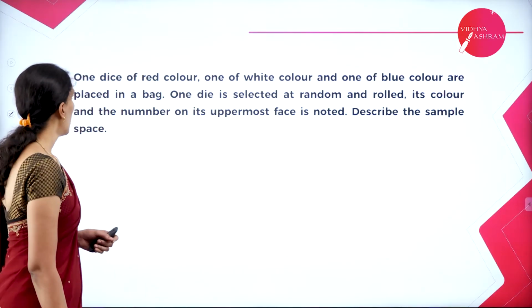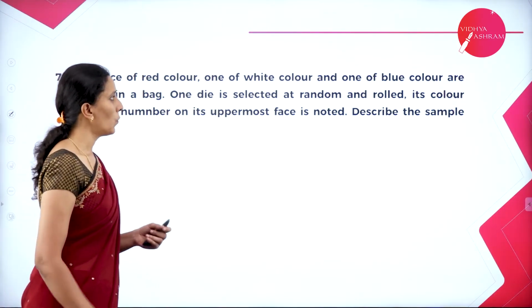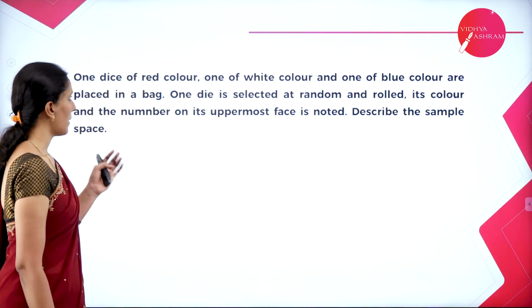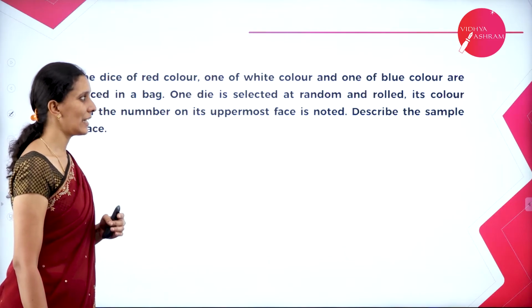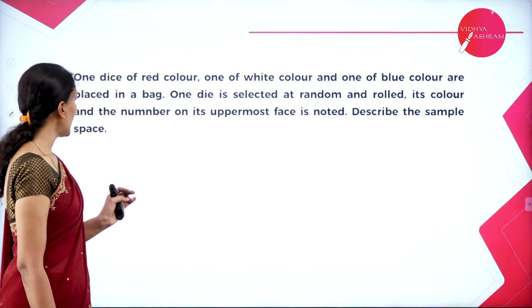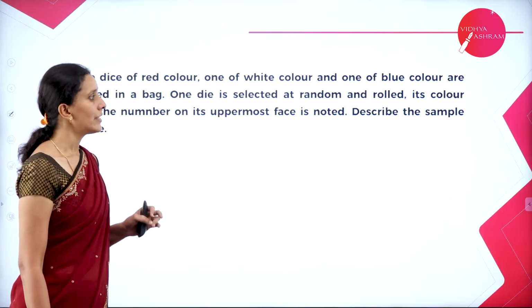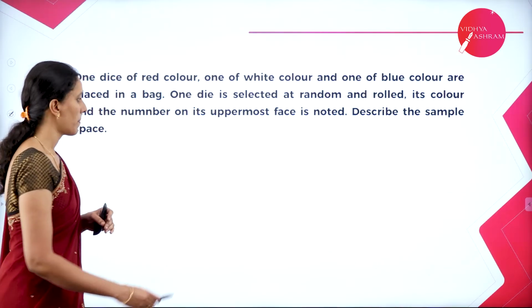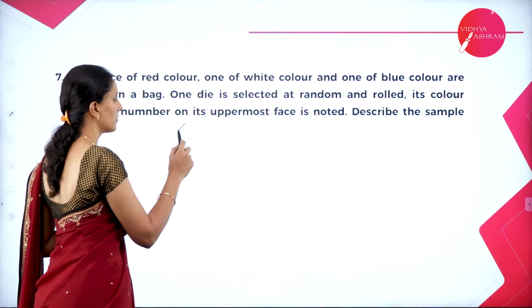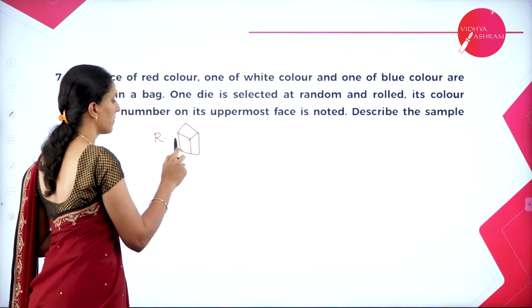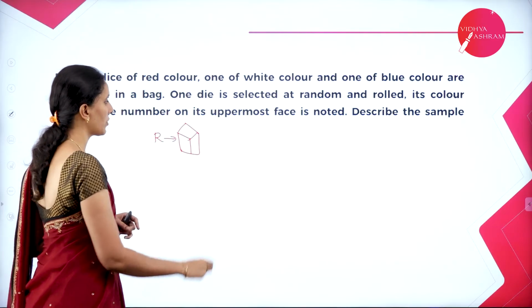Next one. 1 die of red color, 1 of white color and 1 of blue color are placed in a bag. 1 die is selected at random and rolled. Its color and the number on its uppermost face is noted. Describe the sample space. Let me take, so this is the red one and next we have the white one.